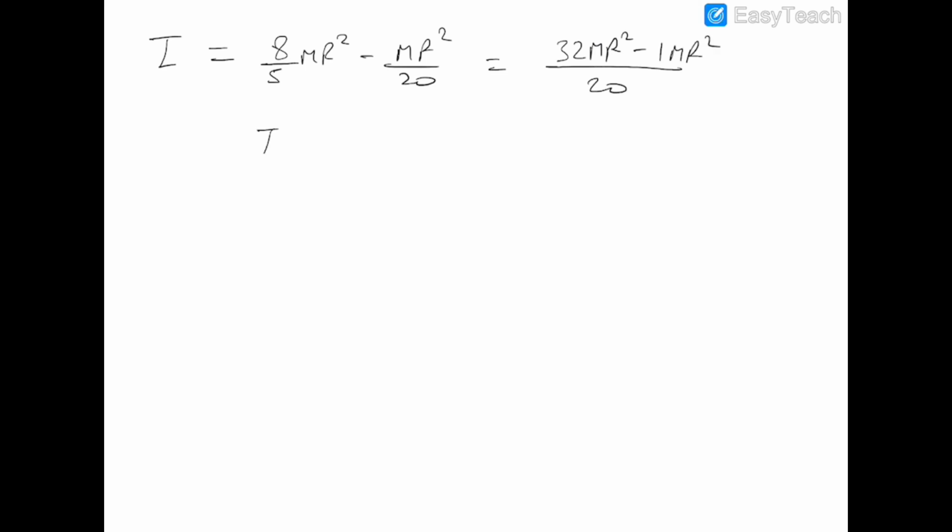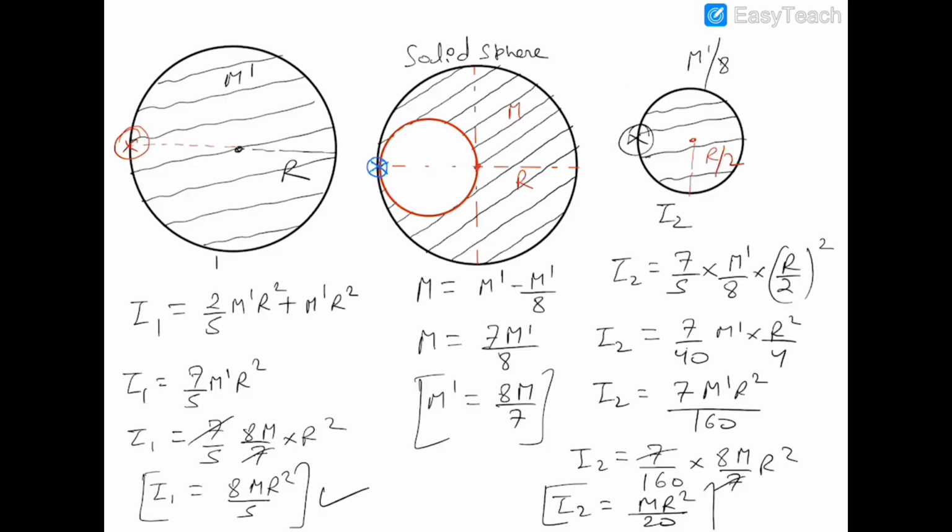So I would be equal to 31 by 20 mr square. This is the moment of inertia of this object about this axis, which is highlighted in blue color. Thank you.